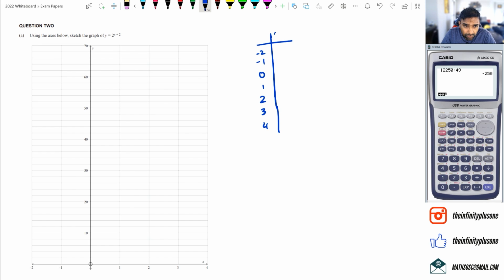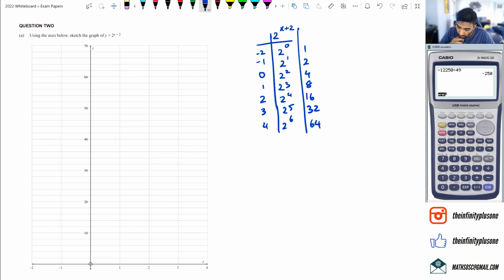And I've got 2^(x+2), so this is going to become 2 to the power of 0, 2 to the power of 1, 2 squared, 2 cubed, 2 to the power of 4, 2^5, and 2^6. So in other words, I've got 1, 2, 4, 8, 16, 32, and 64.